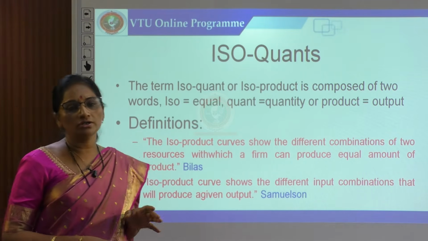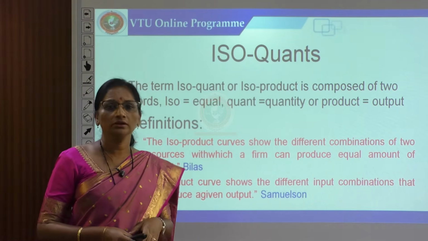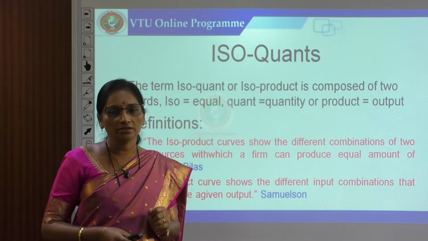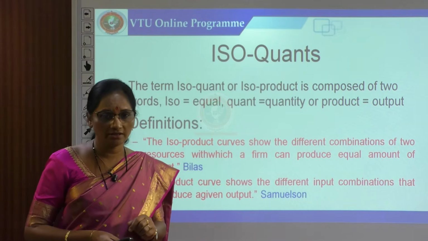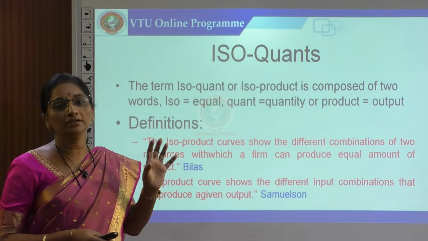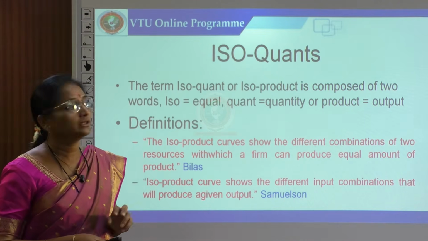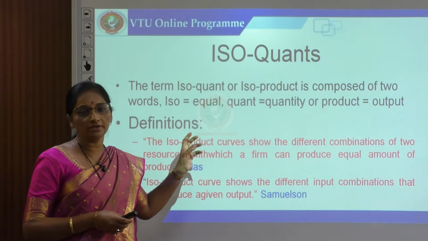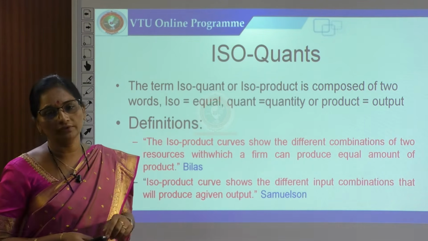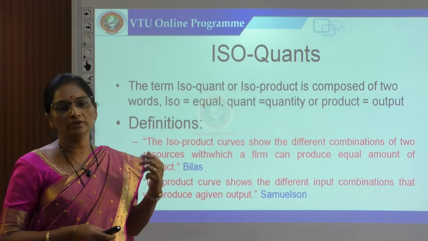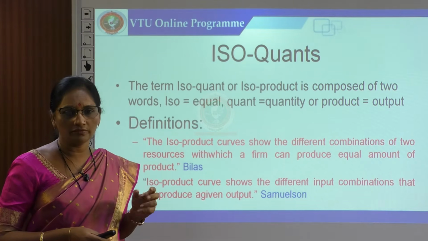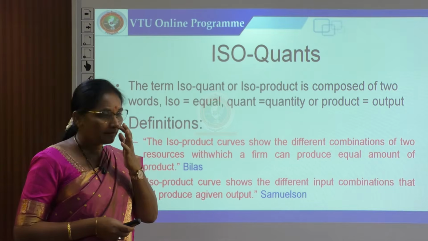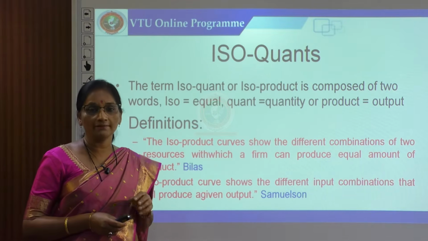See, one thing you understood in the long run production function: the factor combinations, the input combinations of capital and labor. Some of those combinations will give the same level of output. You can go with the A combination, B combination, C combination or the D combination, because factors can substitute each other to some extent.